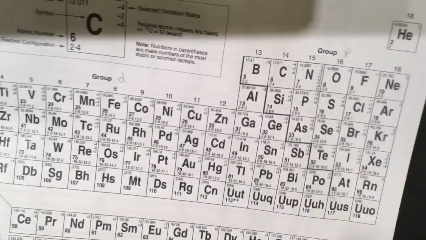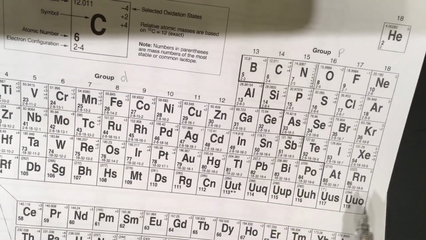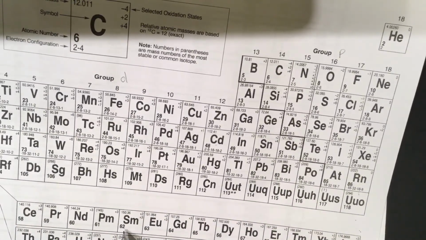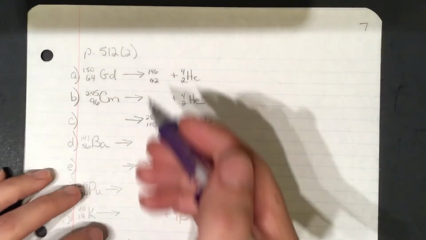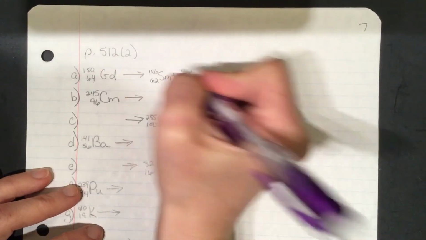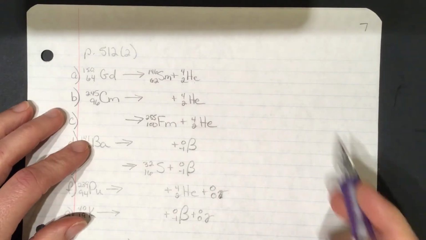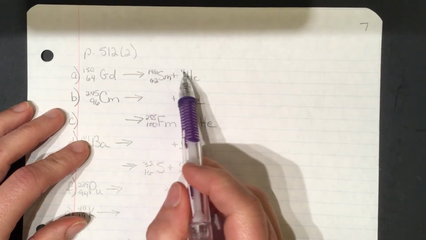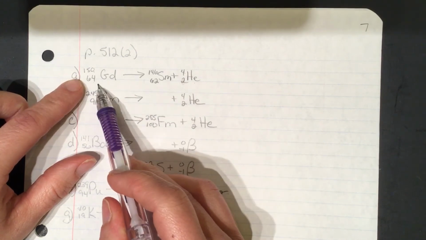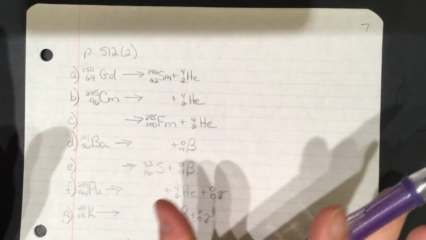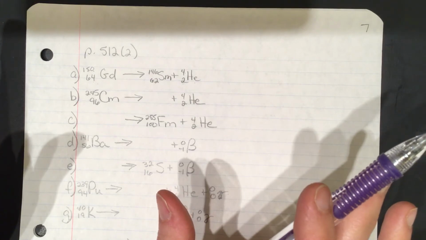When I look up 62 on my periodic table down here, it's samarium. So that's how you do that problem. You just think, and then double check. 146 plus 4 is 150. 62 plus 2 is 64. It's just simple addition and subtraction here. Okay?